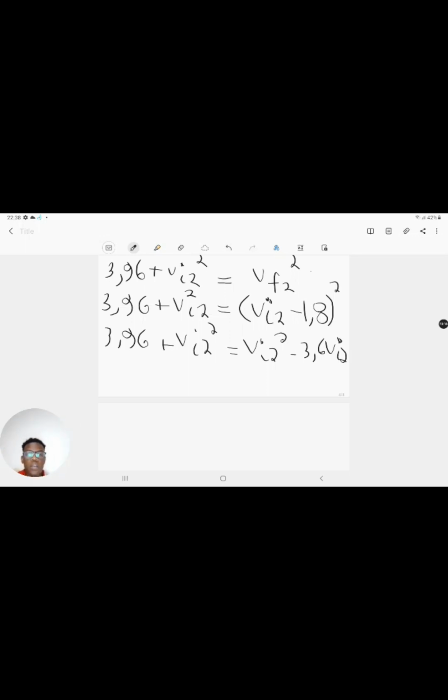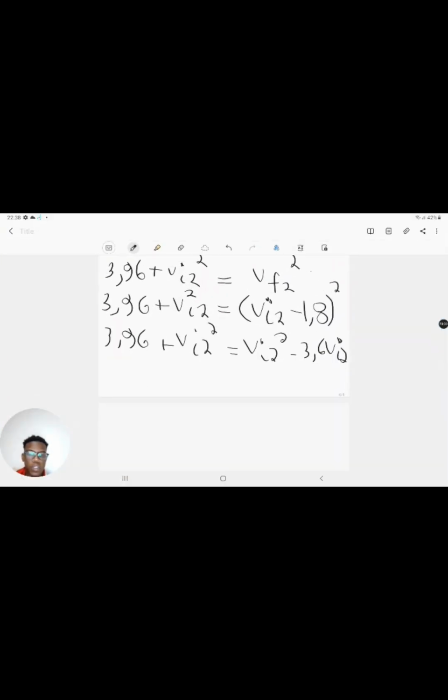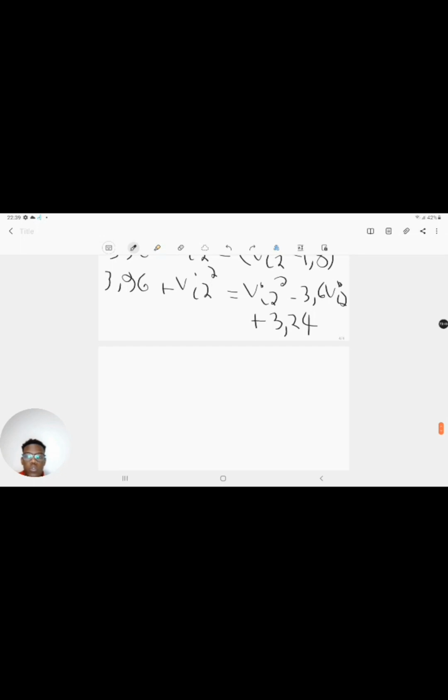Then what is 1.8 squared? Let's use our calculator there. 1.8 times 1.8, that's 3.24. So that's going to be plus 3.24. This is me just multiplying out the bracket using the FOIL method.